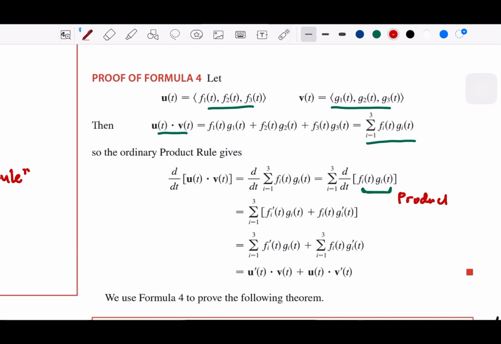The product rule from here, and that's why we have this part, and then we can take each one of them, and that's why we can say this part here is actually u prime dot v plus u dot v prime. I think the proof is not really that complicated, and it's quite intuitive.